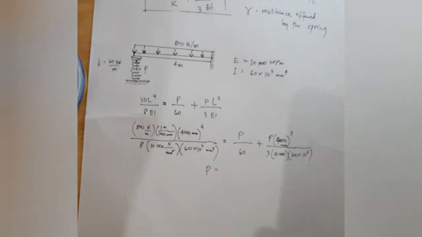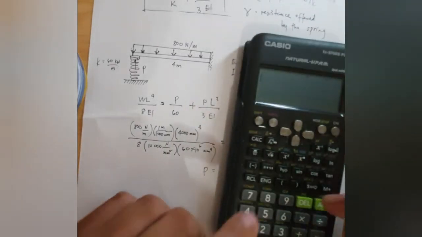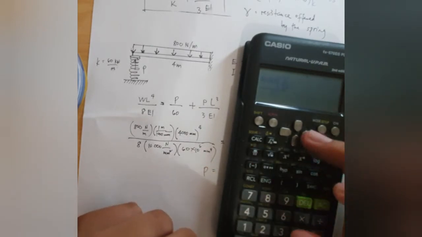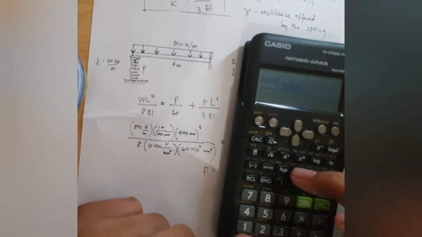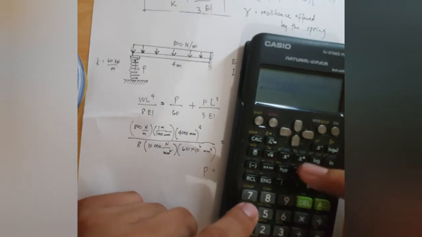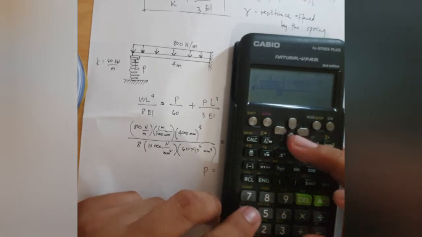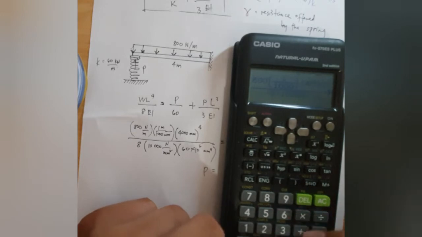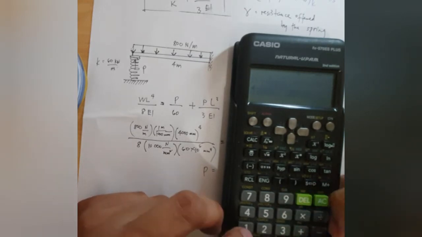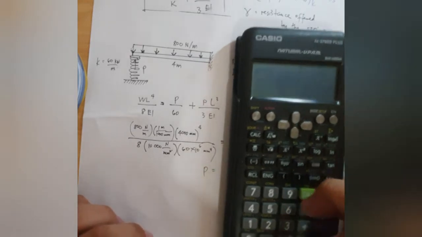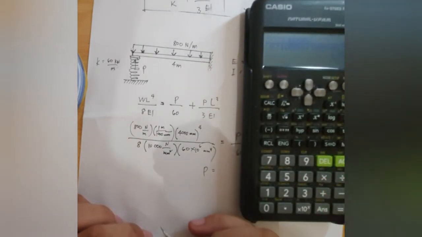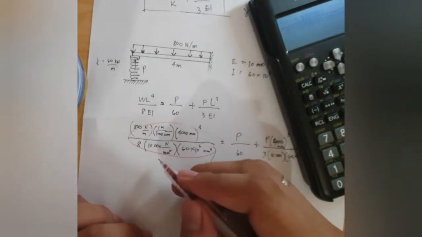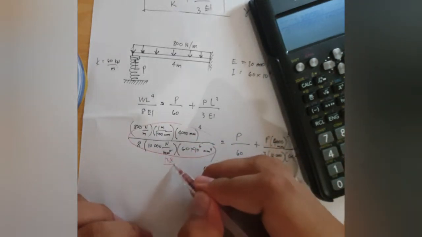Okay, so let's simplify. 800 times 1 over 1,000 times 4,000 to the power 4 over 8 times 10,000 times 60 times 10 to the 6. So we have 128 over 3.